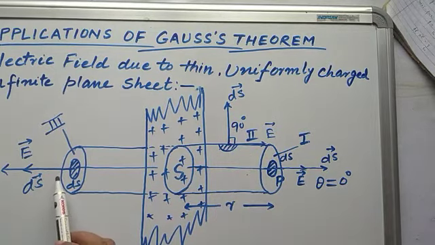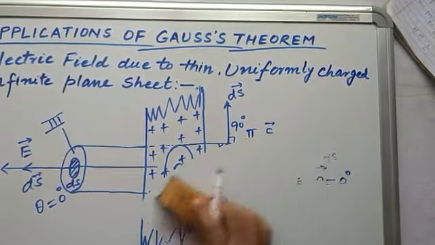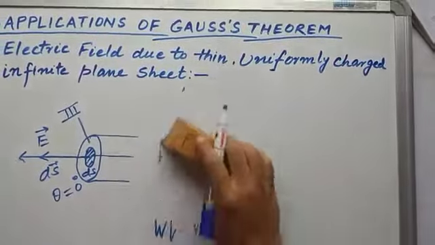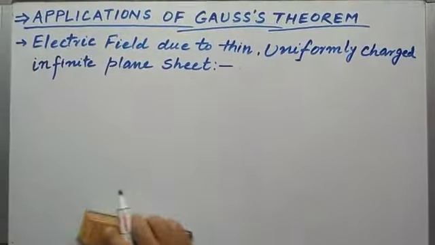And section number 3, again the situation is the same as section number 1, angle is 0 degree. Okay, clear? Now we'll use Gauss theorem for the calculation of electric field.